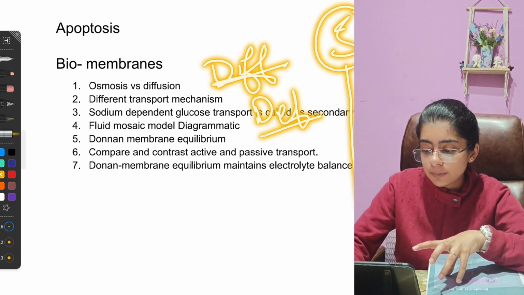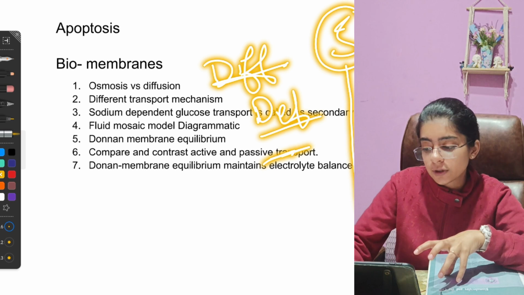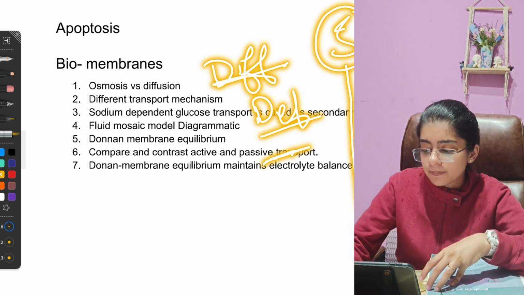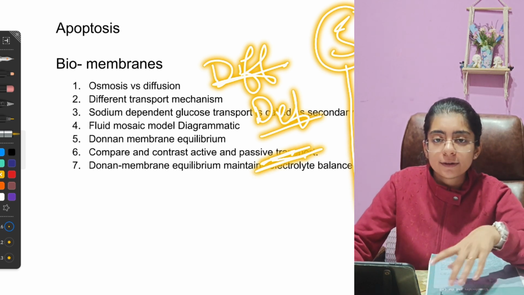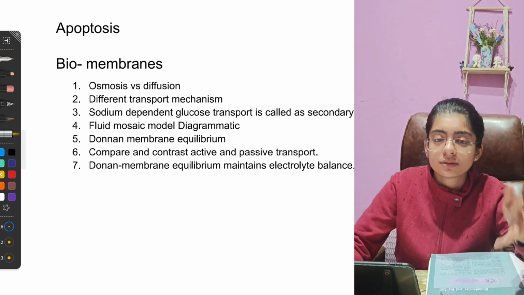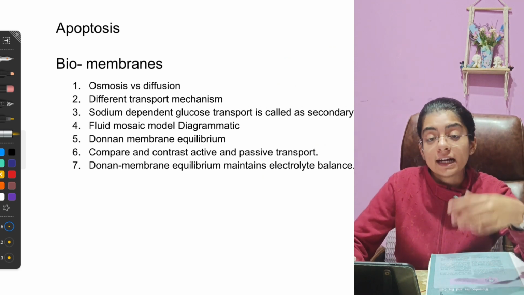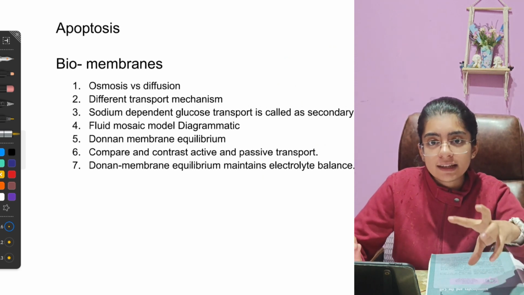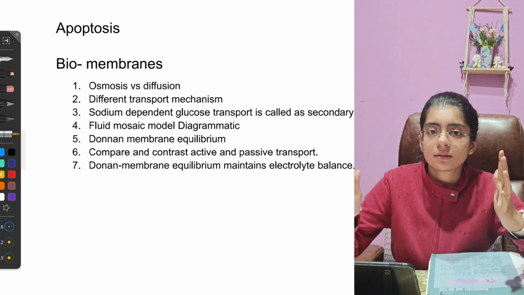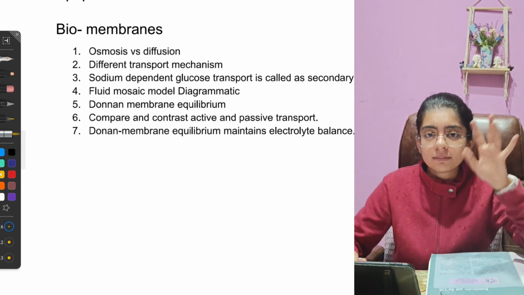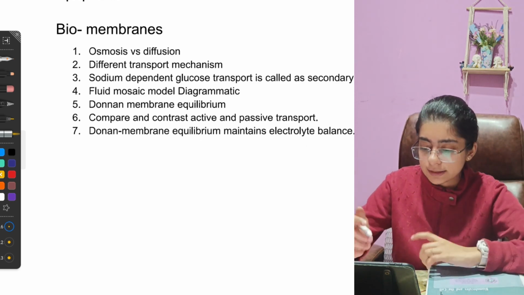It is not that you write 2 points and those 2 points are similar. For example, both occur across a membrane, so that is not a valid point. Both points should be valid in the sense that you can distinguish the two things. So this is a major point where many people lose marks.